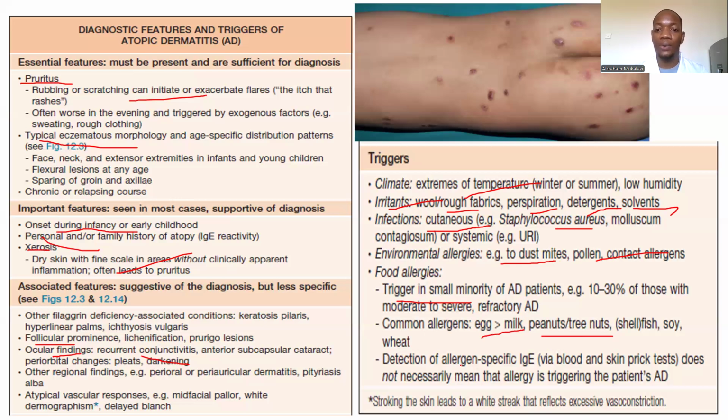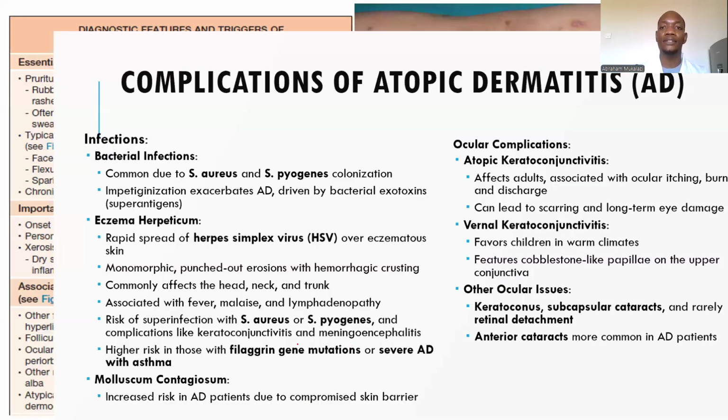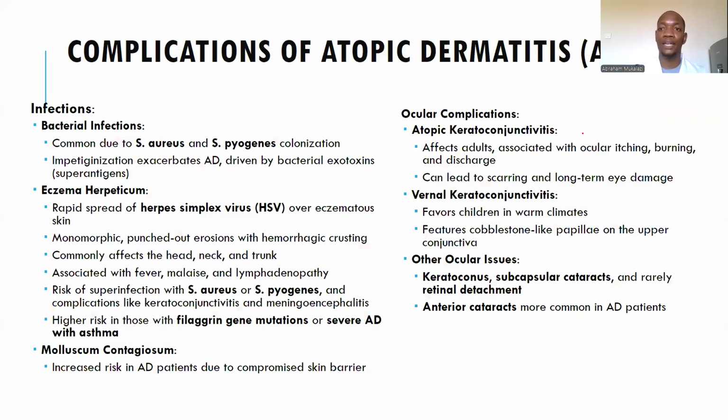You'll also have increased IgE, and the RAST test will be positive. Atopy can also have complications, like any other condition.